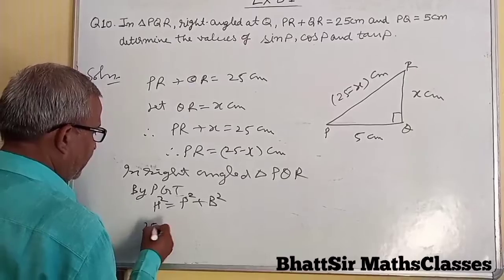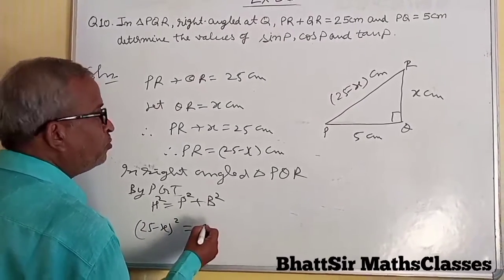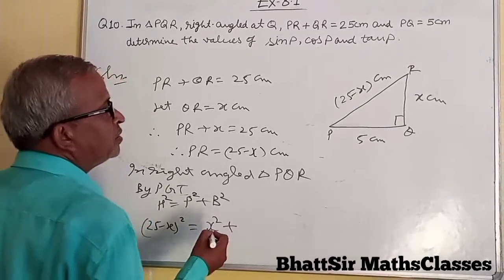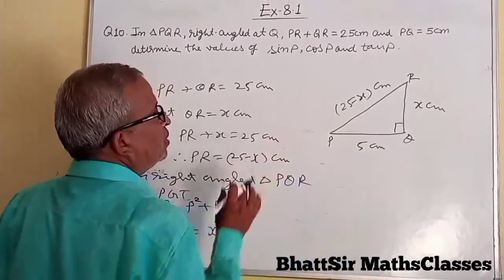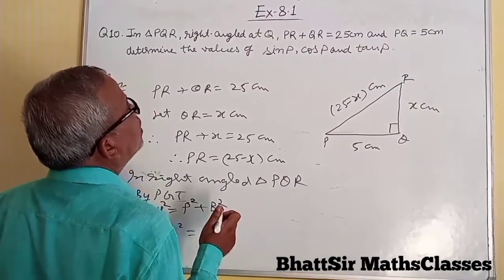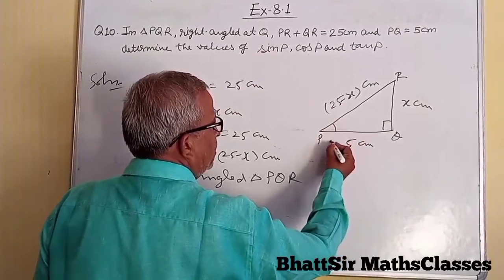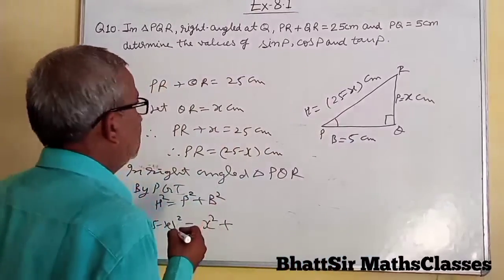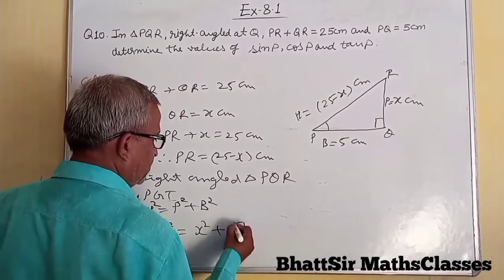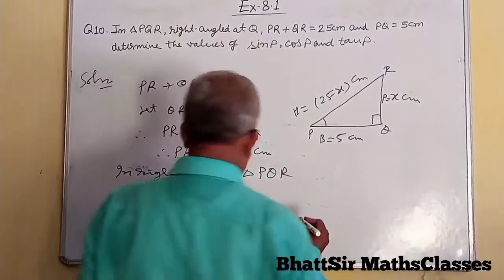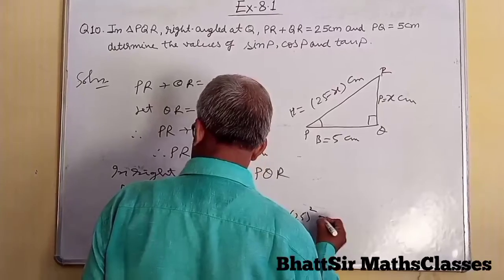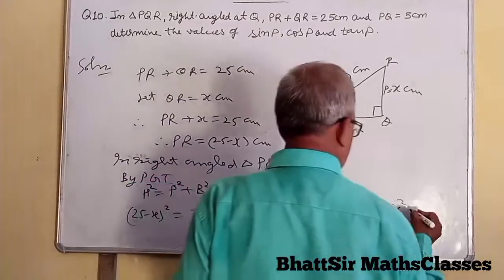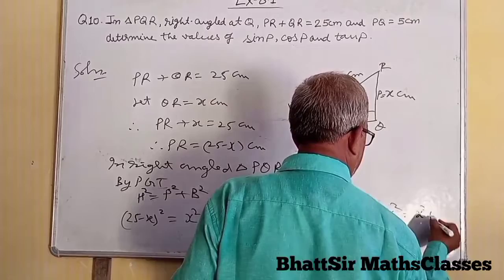So hypotenuse (25 minus X) raised to power 2 equal to X square plus 5 square; X is the base, 5 is the perpendicular, 25 minus X is the hypotenuse. So 25 square minus 2 into 25 into X plus X square equal to X square plus 25.